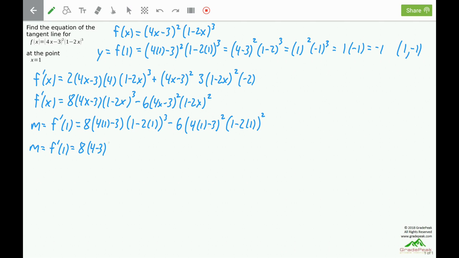Four times 1 is 4. Negative 2 times 1 is negative 2. Likewise here. Now we can combine those numbers in the parentheses. So we have the slope will be 8 times 1 times negative 1 cubed minus 6 times 1 squared times negative 1 squared.